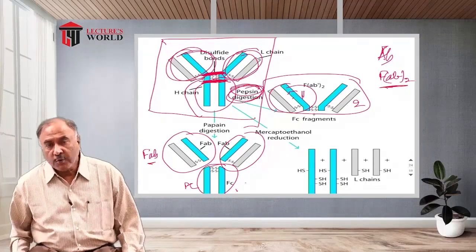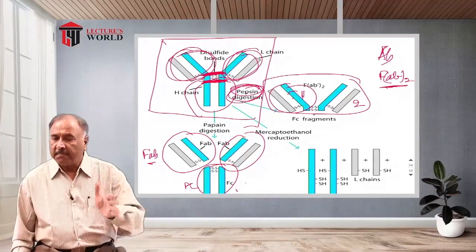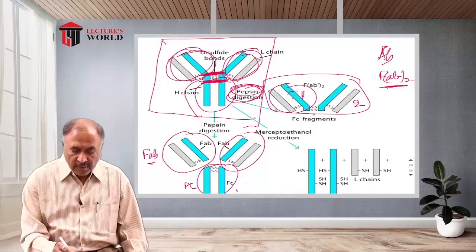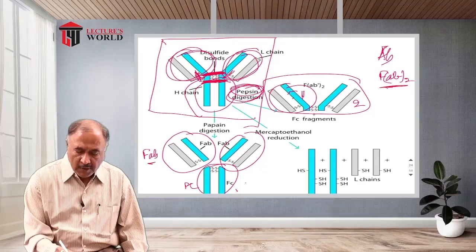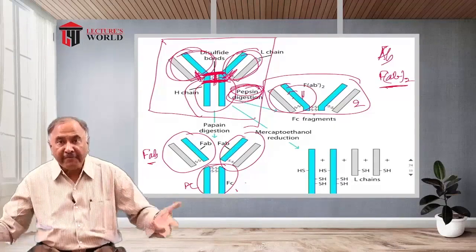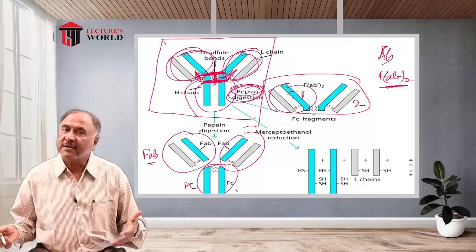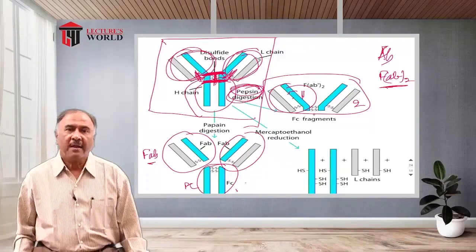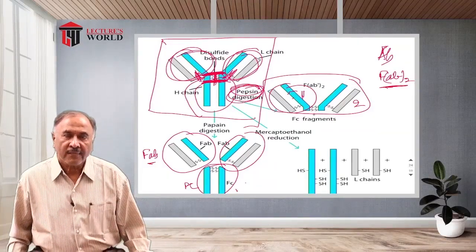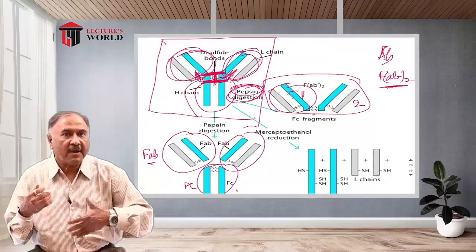Third, when they used mercaptoethanol, mercaptoethanol destroys disulfide linkage. So this would be broken here, this would be broken here, and this would also be broken. So you get four different fragments and none of them is able to bind with the antigen, because for binding with antigen you require both variable heavy as well as variable light.